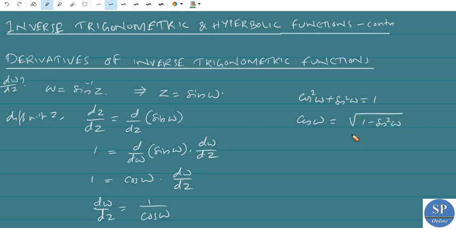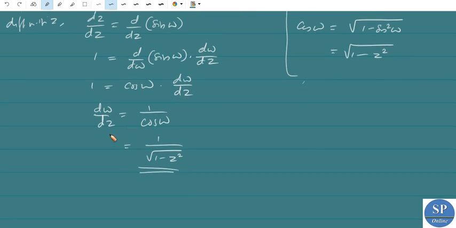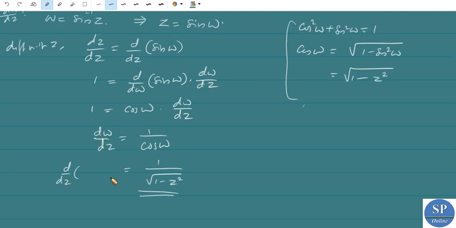That is nothing but square root of 1 minus z square. So we can write this as 1 by square root of 1 minus z square. Clear? So this is d by dz of w, where w is nothing but sine inverse of z. So we have d by dz of sine inverse of z equal to this.